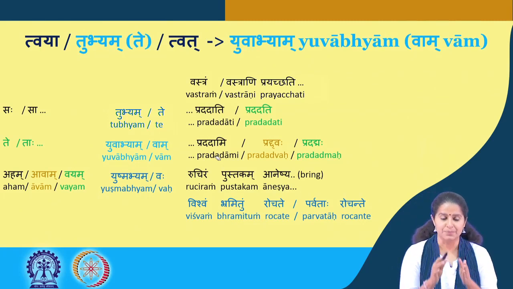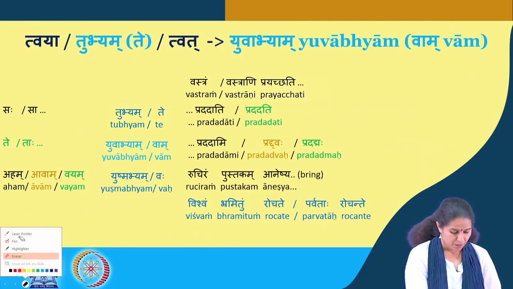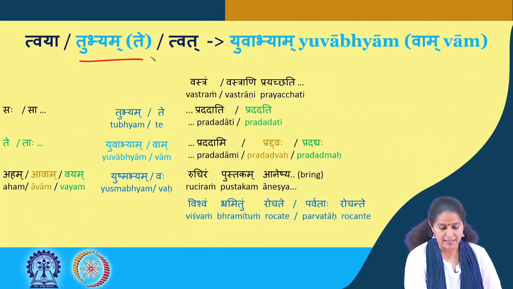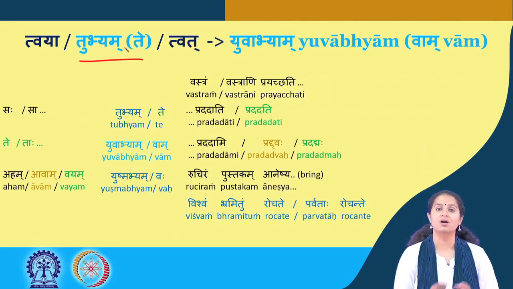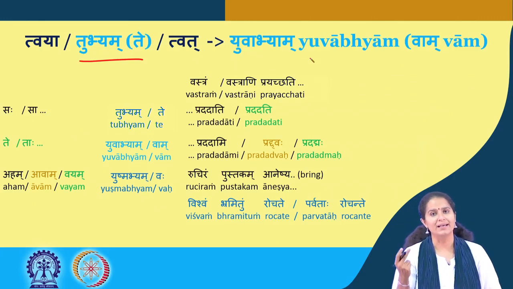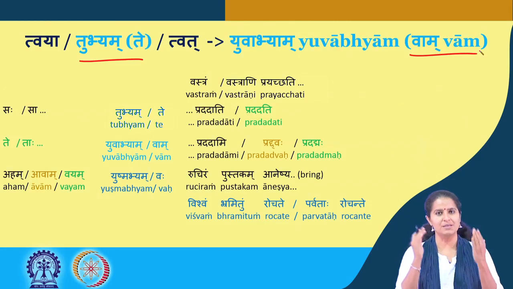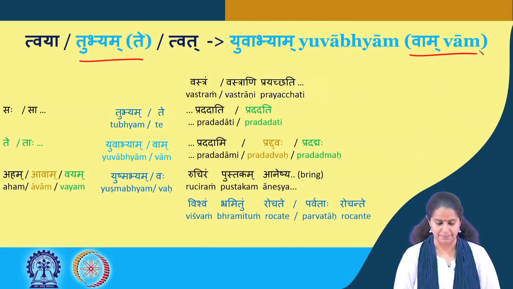But what you notice in particular is that for the tubhyam, the fourth case, it also has this extra option of te, and similarly when you do the dual case in the dative, you have the option of vam. Just keep that as an alternative possibility.